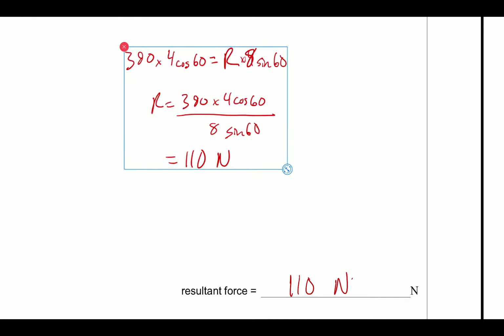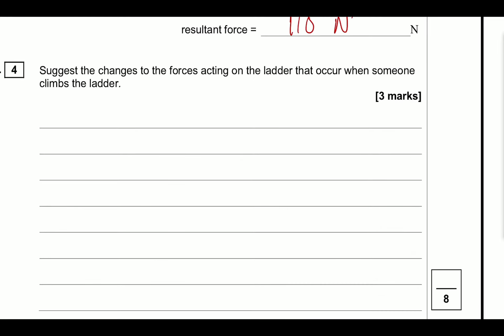Now let me just double check with the mark scheme that I had all my coses and sines right. Yes, I did have all of my sines and cosines correct, and I caught my mistake. So yes, 110 is correct.